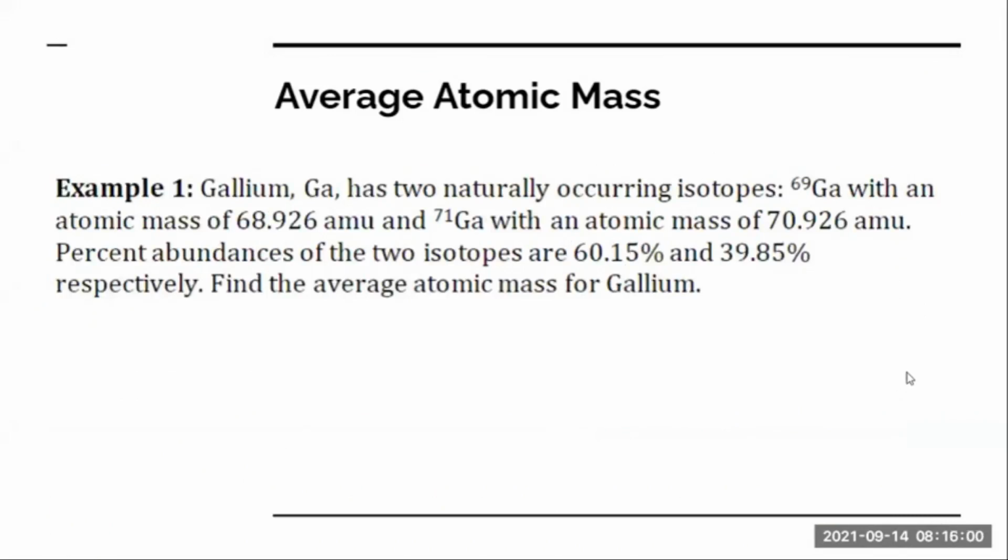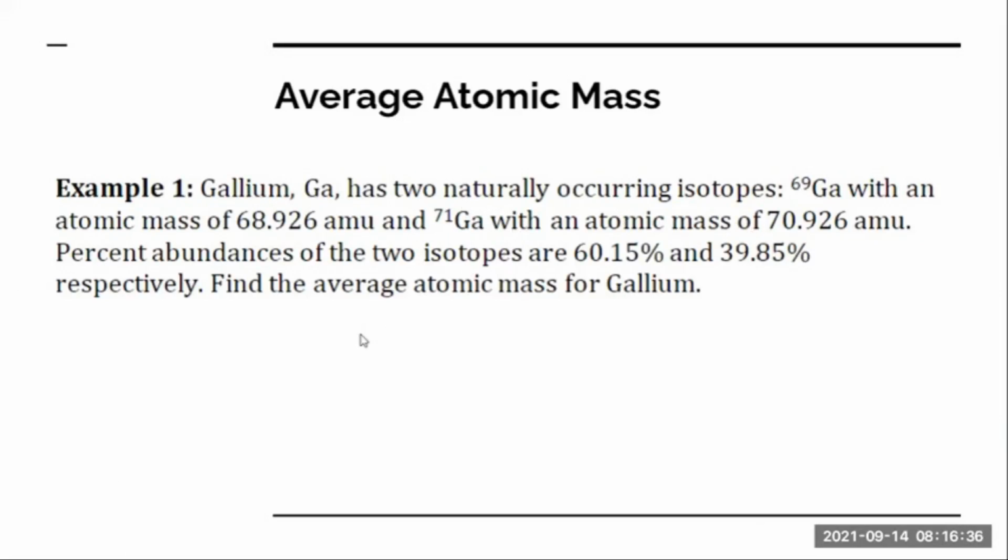So we have here an example. Gallium, or Ga, has two naturally occurring isotopes: gallium-69 with an atomic mass of 68.926 atomic mass units, and gallium-71 with an atomic mass of 70.926 atomic mass units.